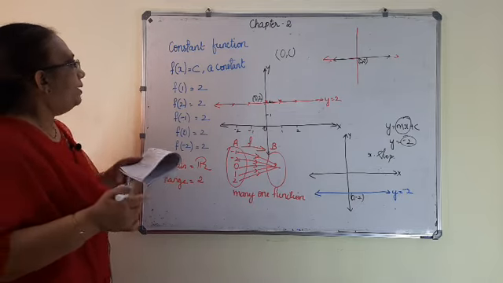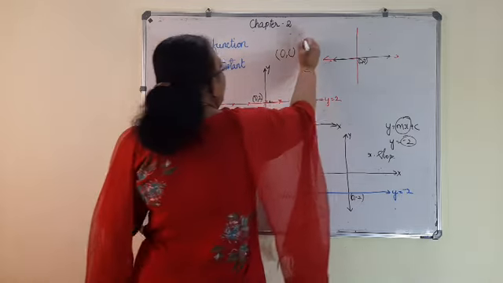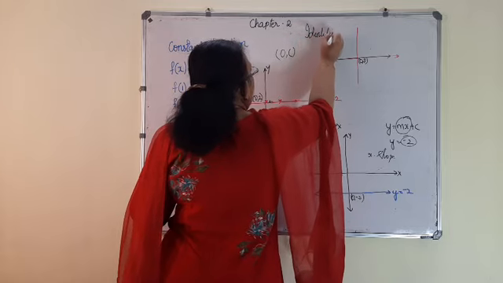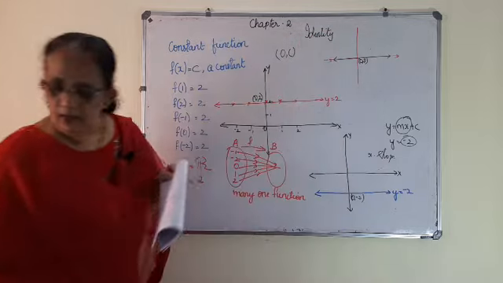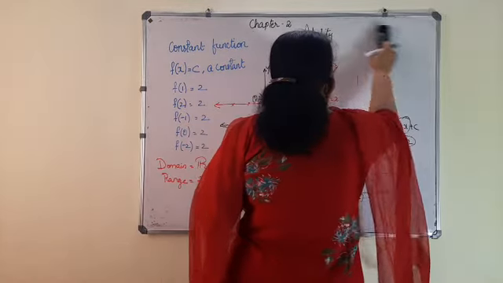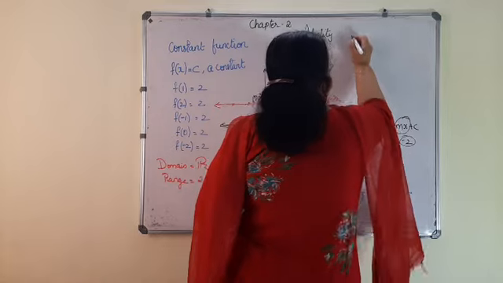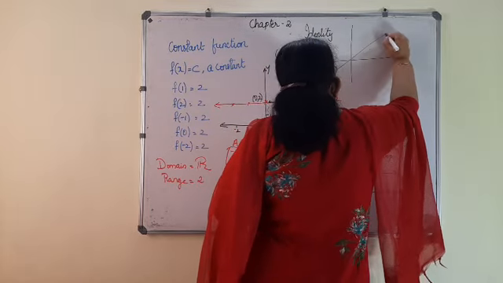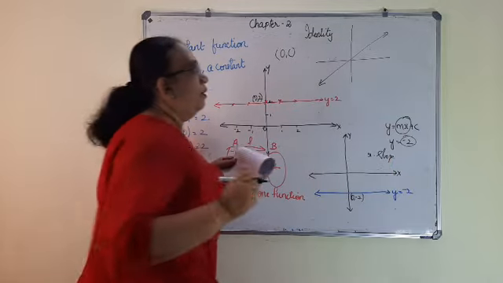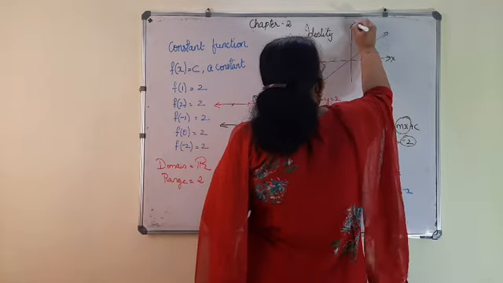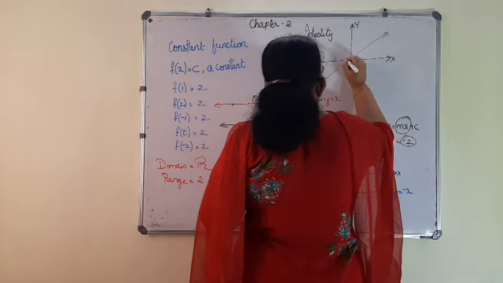Now, when you compare constant function and identity function, let me draw the small sketch of identity function. Now, x-axis, y-axis, 0, 0.